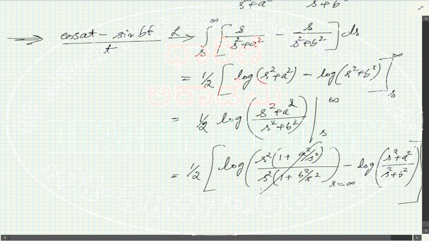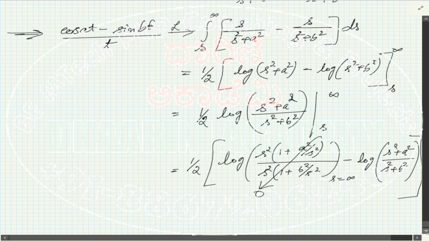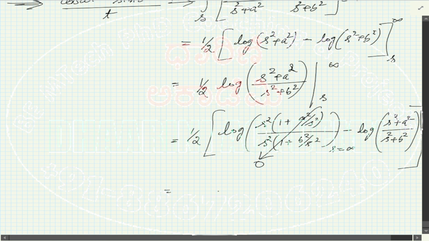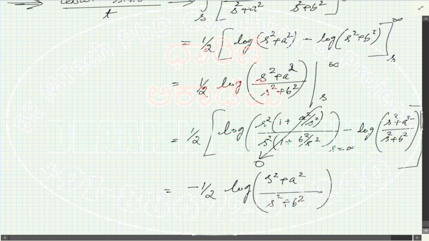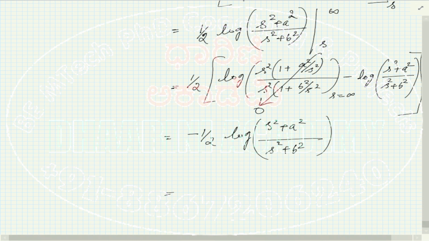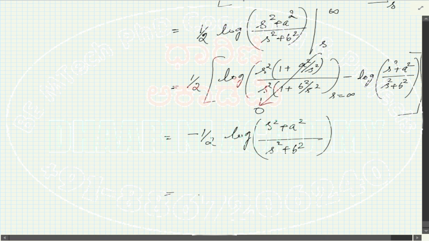So I know that this term is 0, log of 1, that's why it's going to be 0 now. So I'm left with minus half of log of s square plus a square by s square plus b square. So you can see this minus half goes inside by taking a square root and exchanging the numerator and denominator.